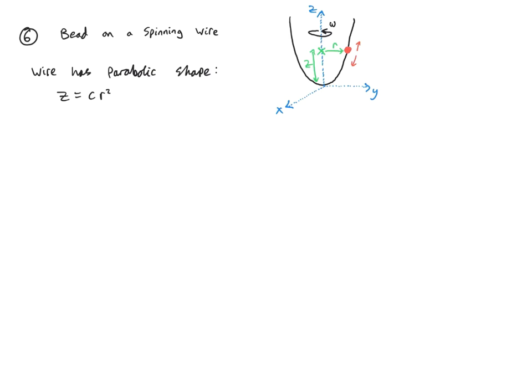Let's also say that the wire is rotating with a constant angular velocity. So in particular, the angle theta through which the wire has moved will simply be related to the time through omega t.